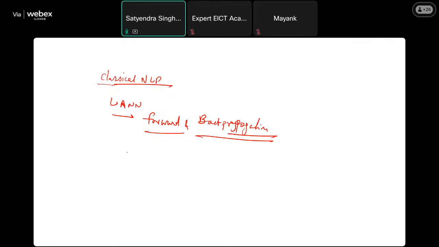All of you must have at least a basic understanding of ANN, where you have a dense neural network. For example, let's say you have only one input layer, hidden layer, and an output layer.